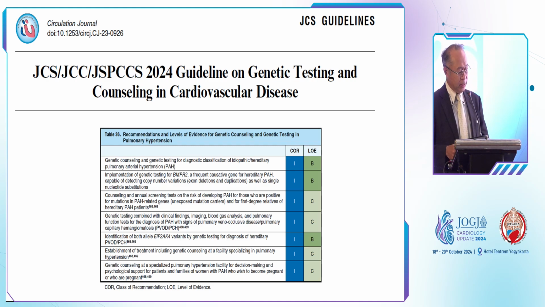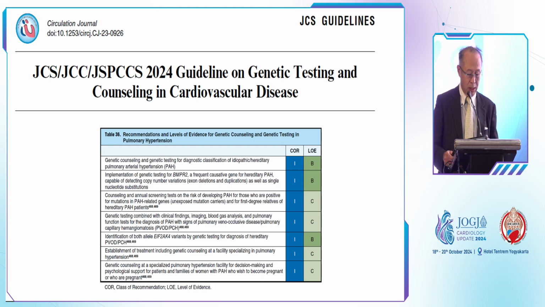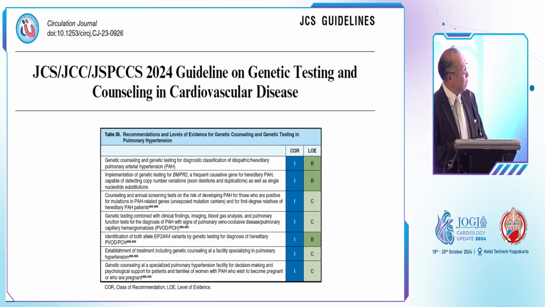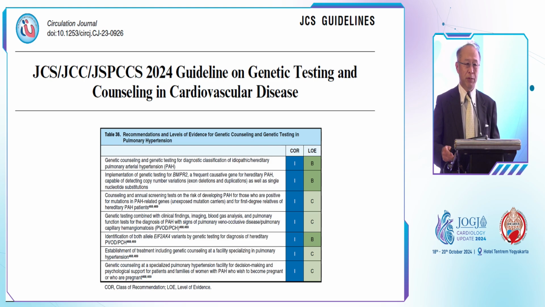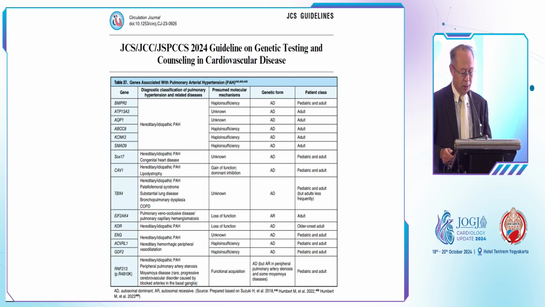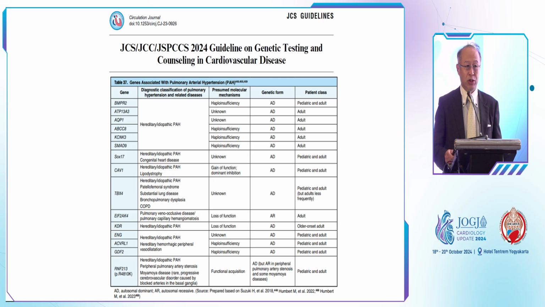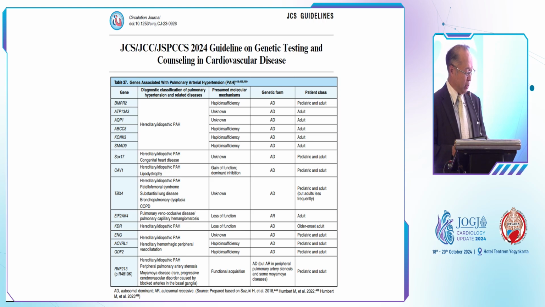So, this is the guideline from Japan. In our country, again, these are the recommendations, which are very similar to ESC and ERS. And again, the genes that should be investigated are almost the same as ERS and ESC, but there is one exception.